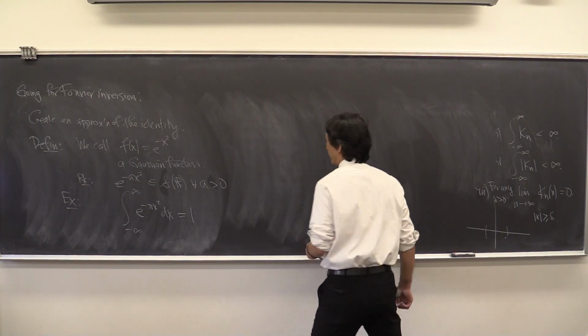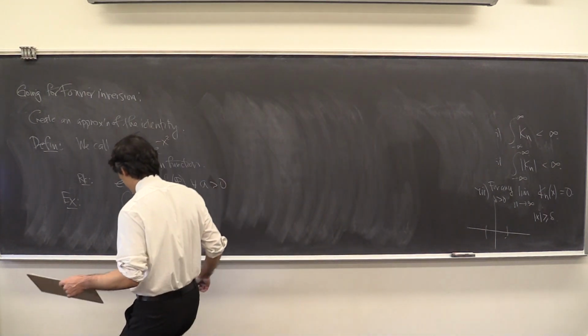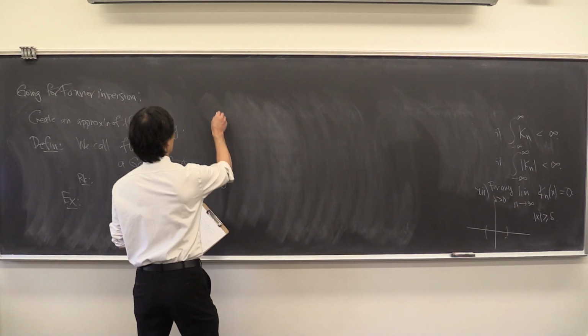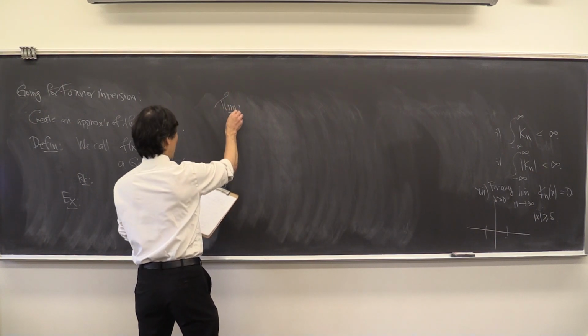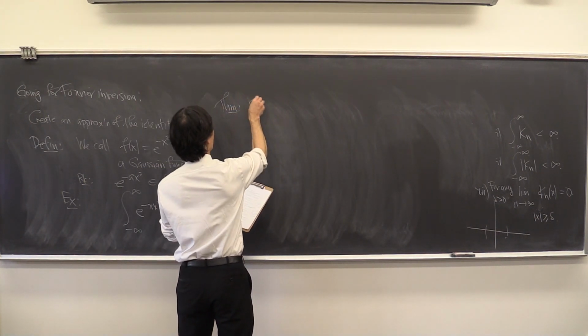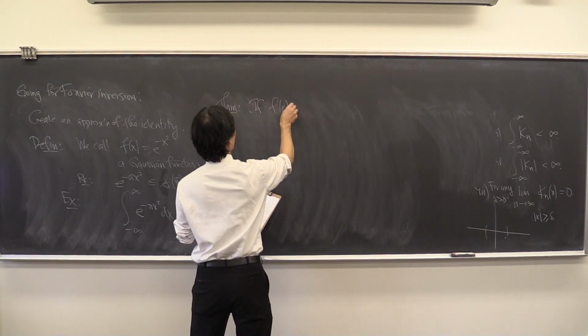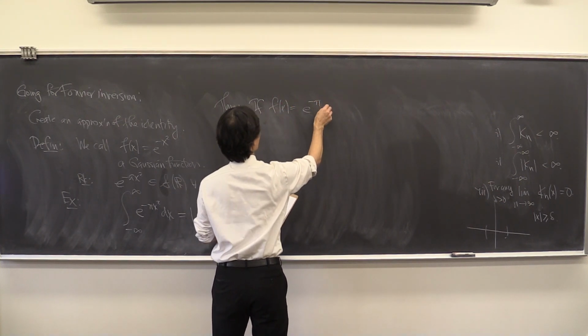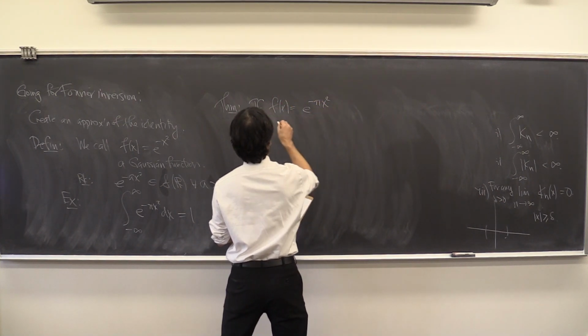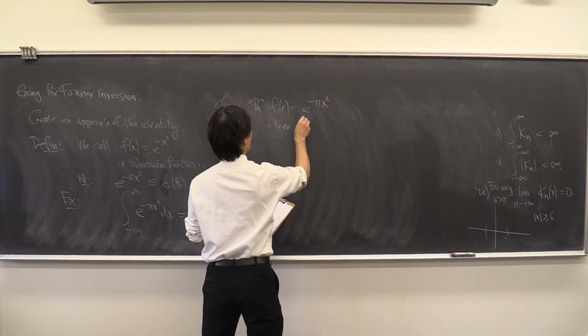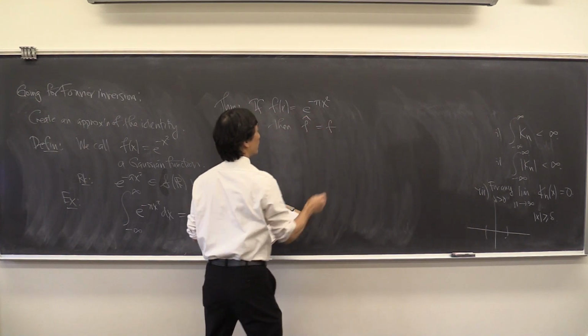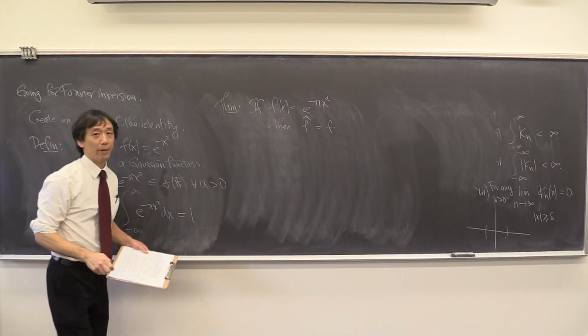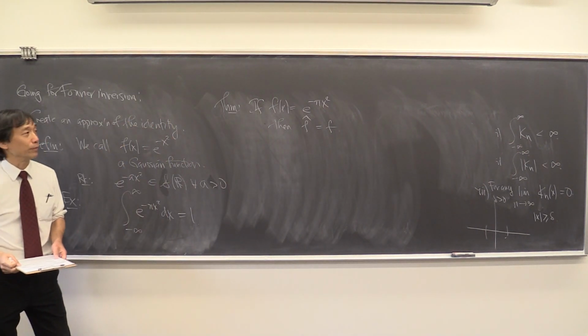Okay. So what's important about this for us is the following: if f is this particular Gaussian, then f hat equals f. So f is preserved by the Fourier transform.